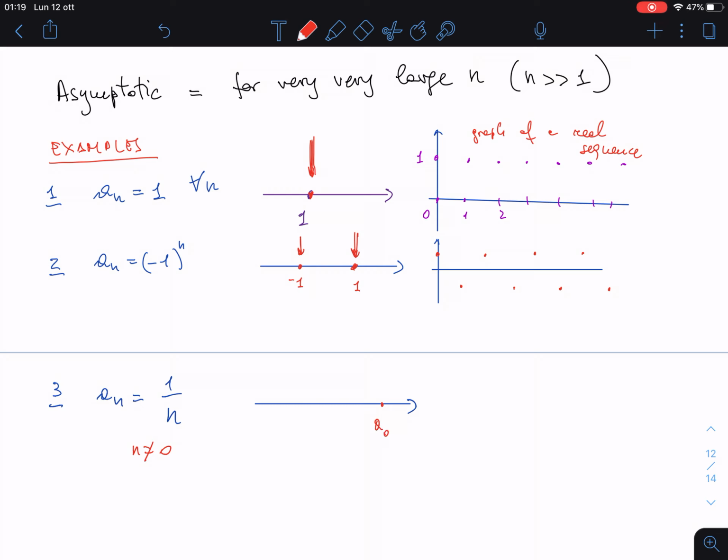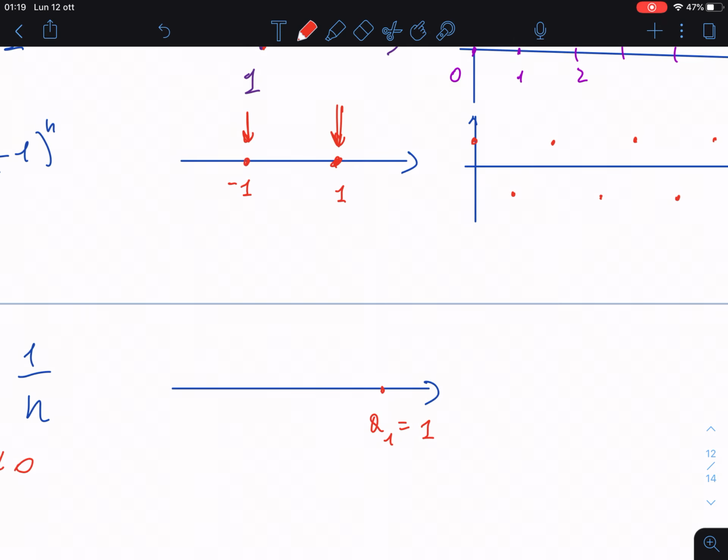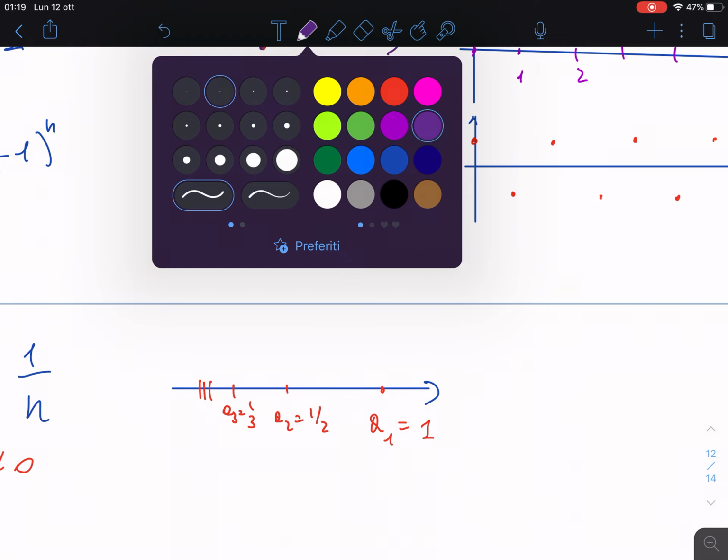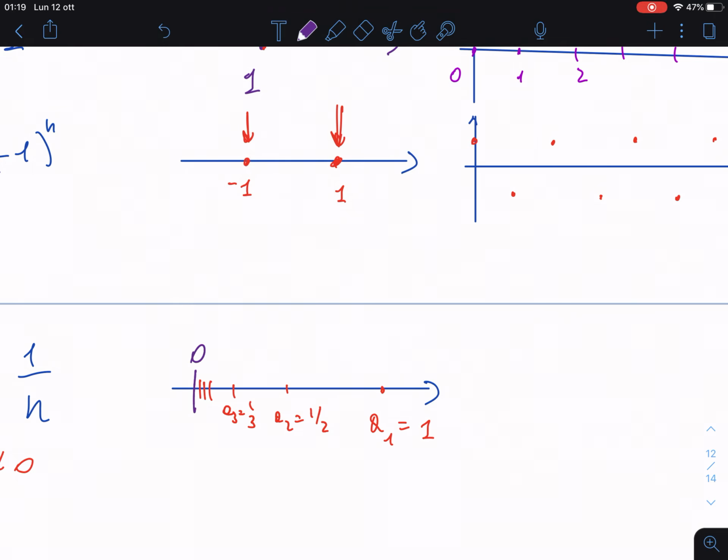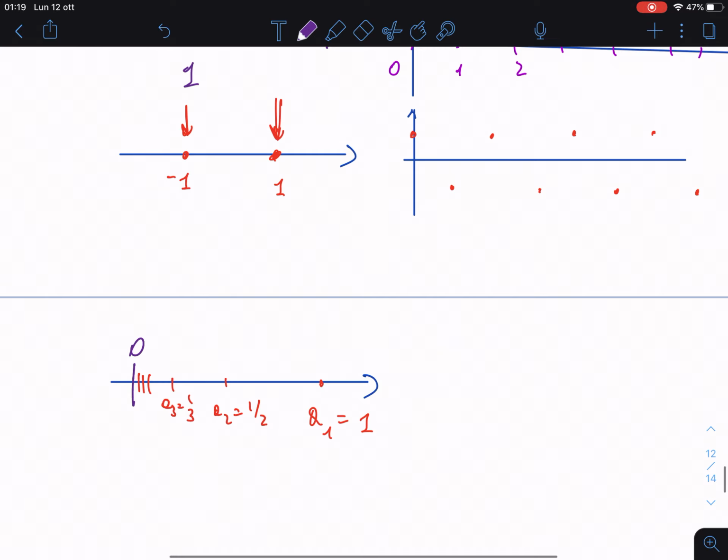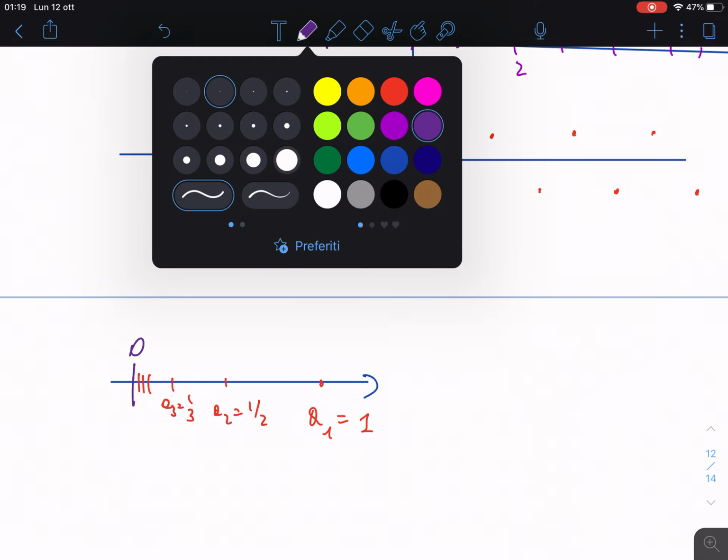Here we have a_1 equal to 1. Then a_2 equal to 1/2, a_3 equal to 1/3, then you have a_4, a_5, and so on and so on. And here is 0. Okay? And the other representation is clear enough too.